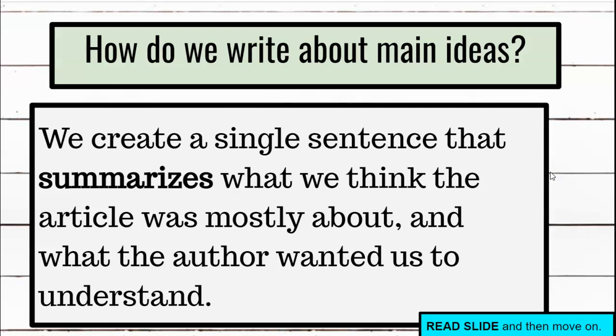We create a single sentence that summarizes what we think the article was mostly about and what the author wanted us to understand. So it's taking the entire text and trying to boil it down to one single sentence that summarizes the whole thing.